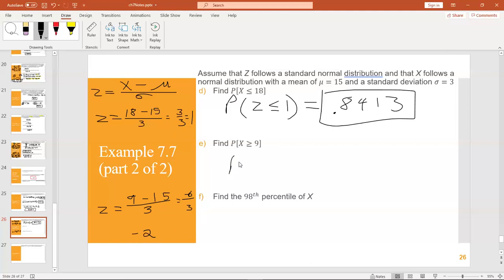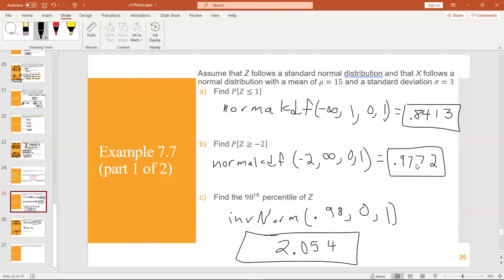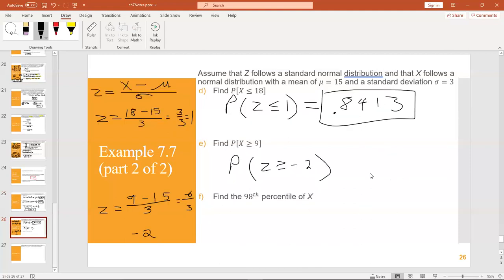So this is in fact giving you the probability of, sorry, not x, z. We turn the x into a z. Z greater than or equal to -2. Well, that should look familiar because that's actually this right here, which was 0.9772. So that's what that probability will be.